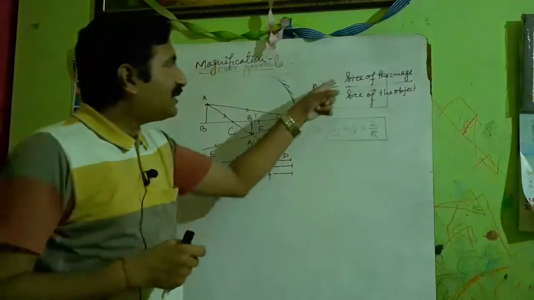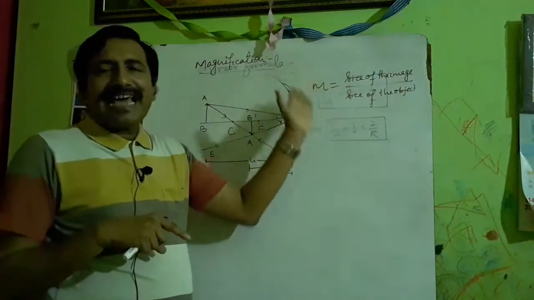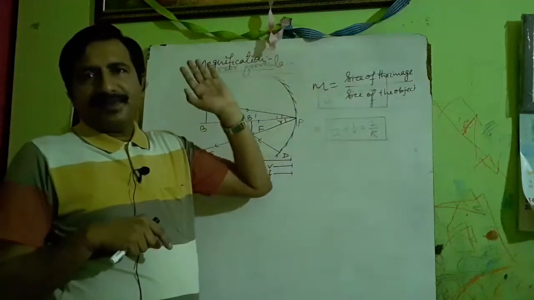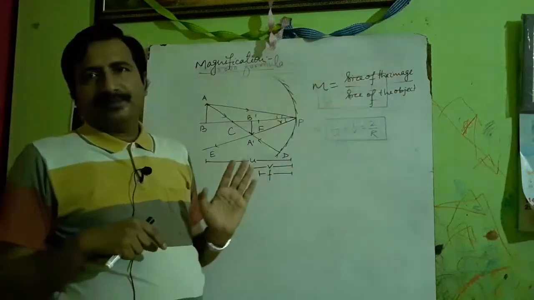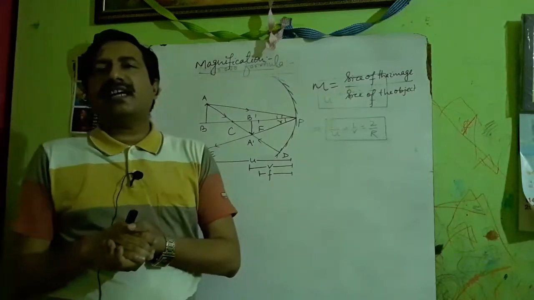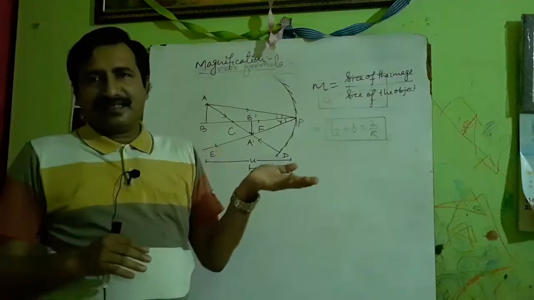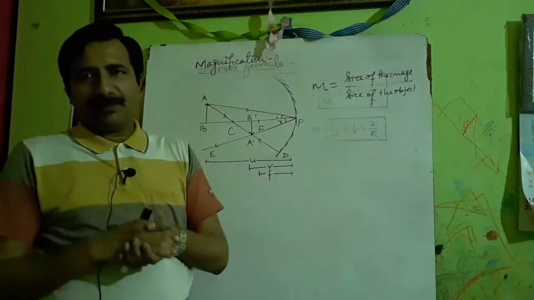So size will be length, area or volume. But in class 10, you have to learn only about linear magnification. So here size means length or height of an object.